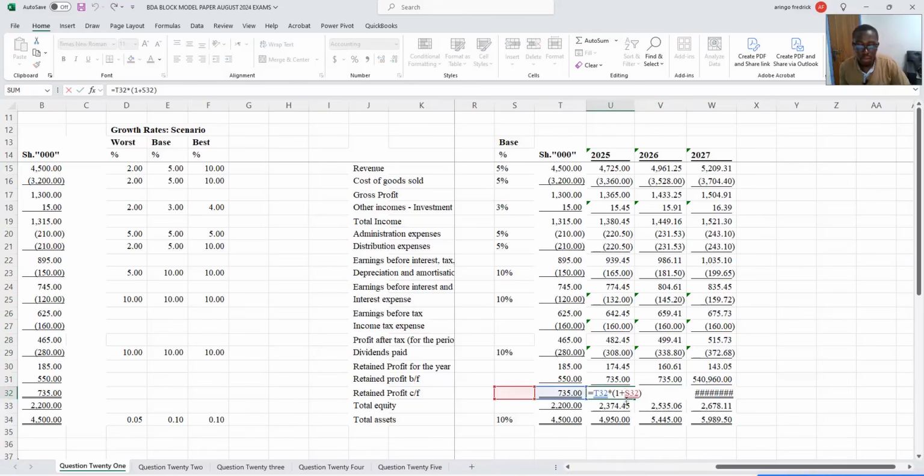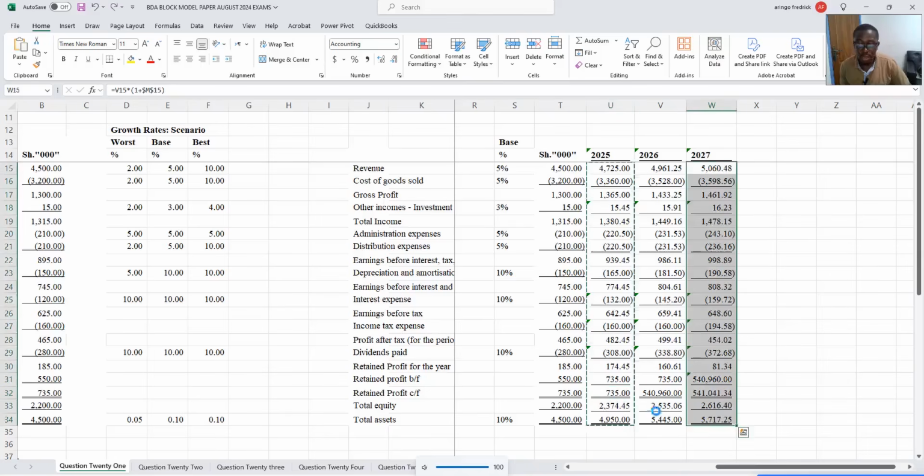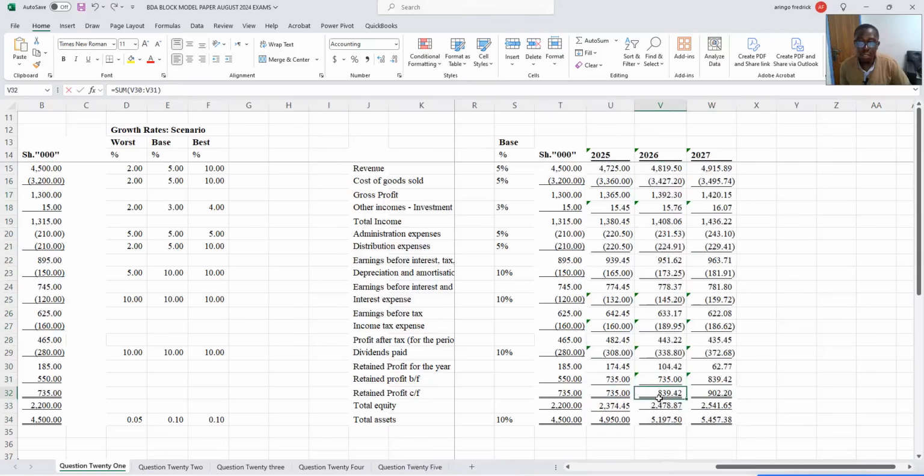Because remember, carried forward, in this case, we should have determined the summation. So for retained profit, this is a summation. So you need to take the summation of that point so that it will be okay.